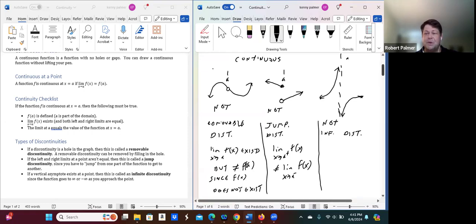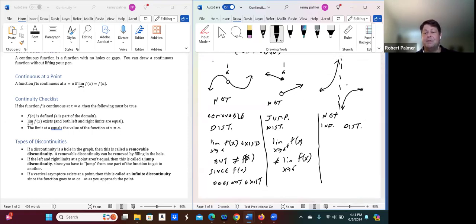And anytime you have an asymptote, basically the limits here go to infinity or negative infinity. And remember here, the function can't cross the vertical asymptote.